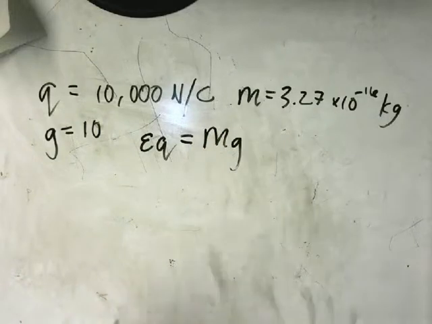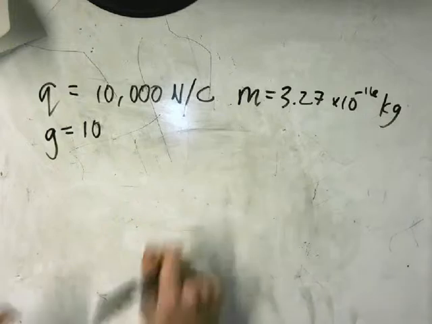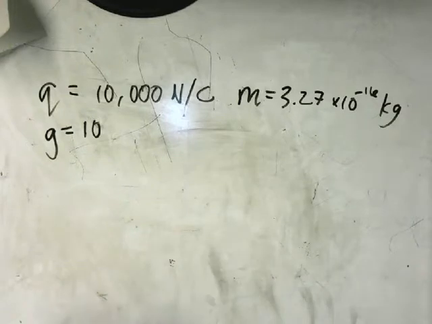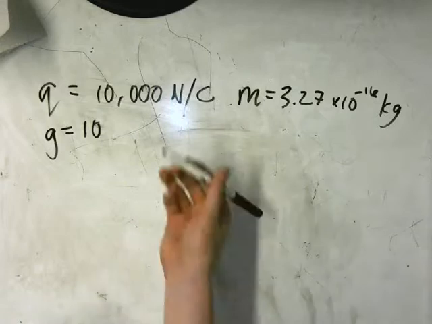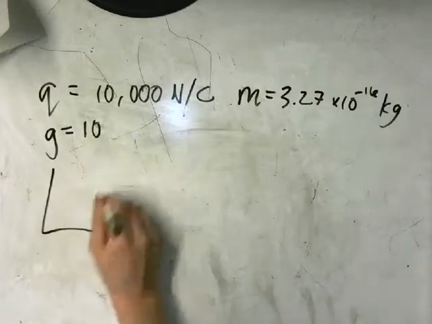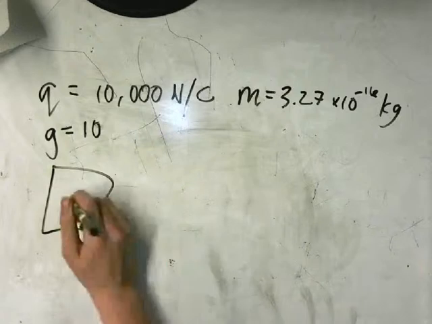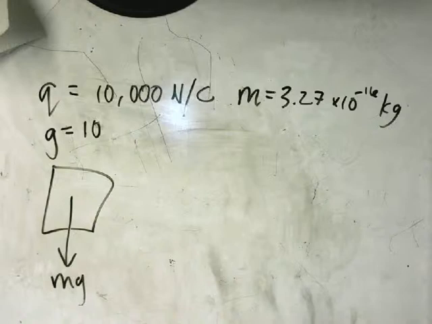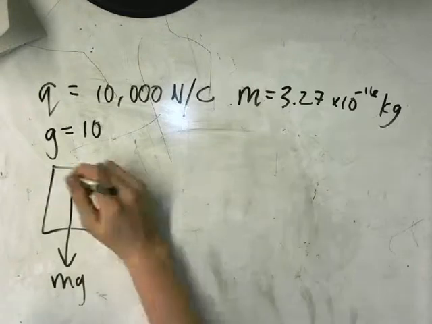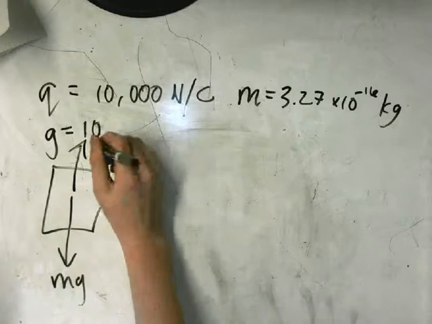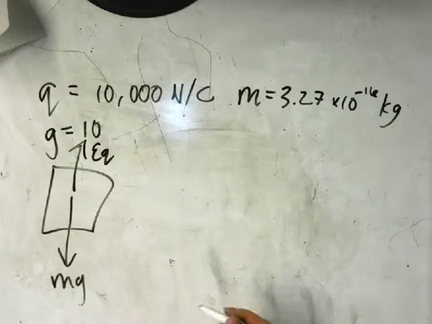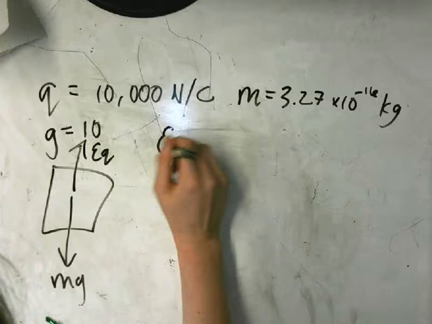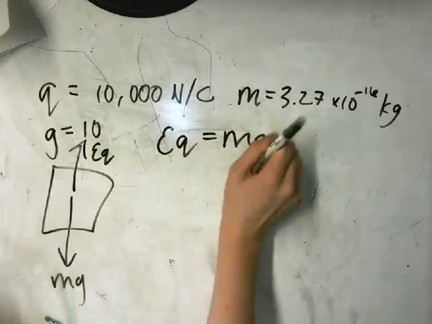Okay, so if we draw the free body diagram of this situation, we have the mass, the weight, which is the mass times acceleration of gravity. And since it's suspended, there is an equal force in the opposite direction that's equal to EQ. So, knowing this, we can set the two equal to each other. We have EQ equals mg.